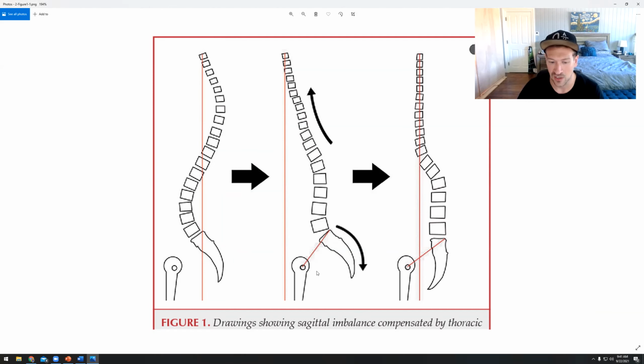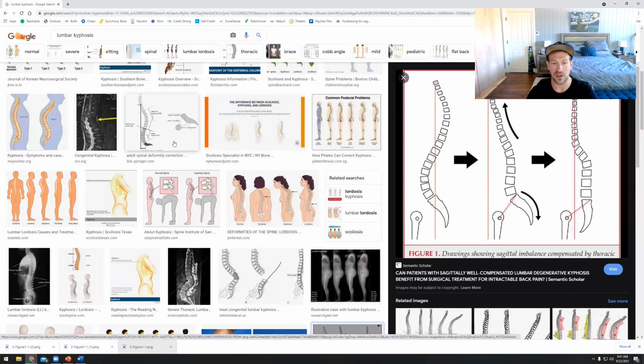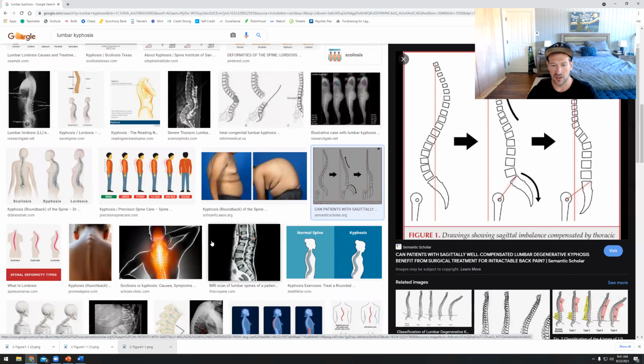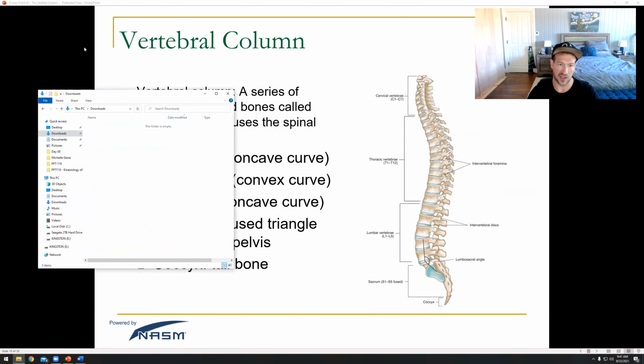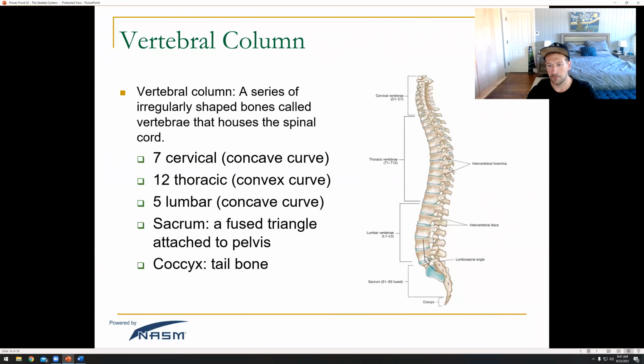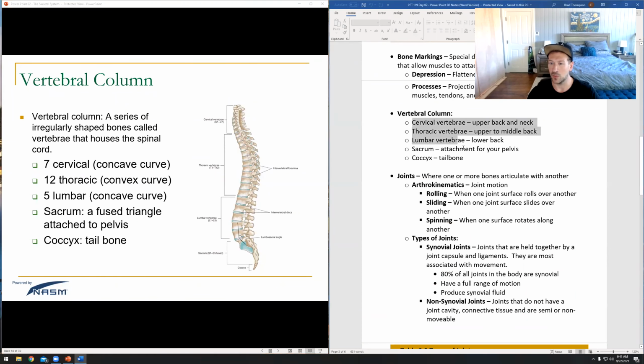Your discs are meant to be stacked in such a way that they have a healthy amount of space between them. But sometimes you'll end up with what's called a herniation, where the soft tissue in our discs actually gets torn. We just want to be familiar with these sections.